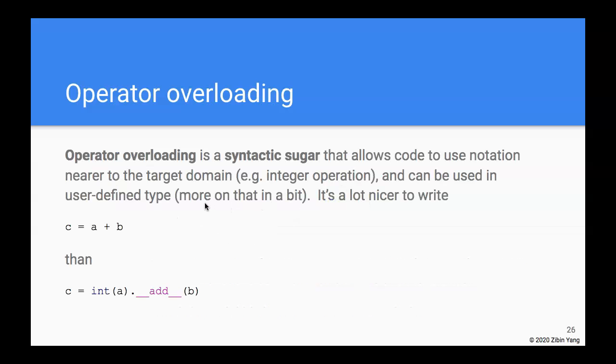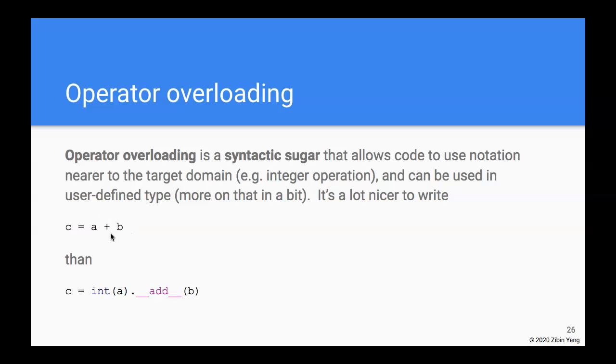And operator overloading is a very fine example of what's called syntactic sugar. What that is, is it allows the code to use notation, in this case plus, that's very close to its target domain. In this case, the target domain is doing the integer operation, right?